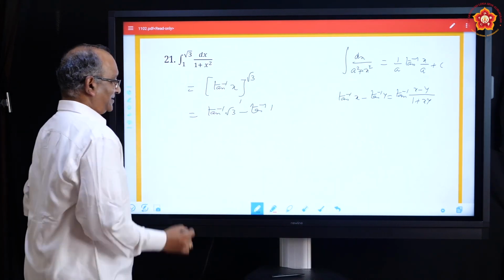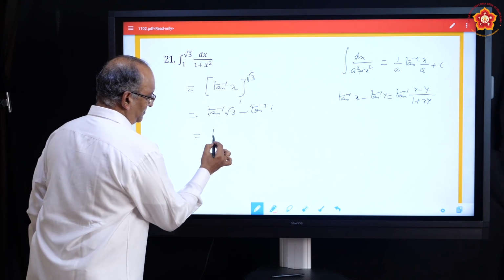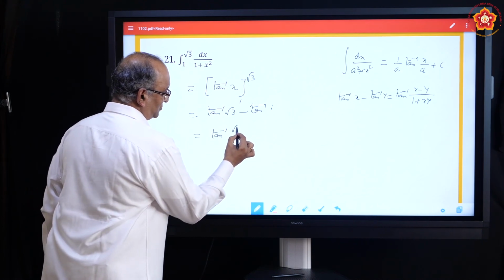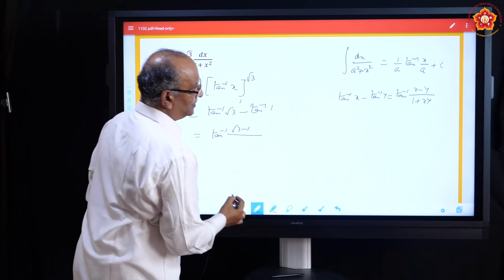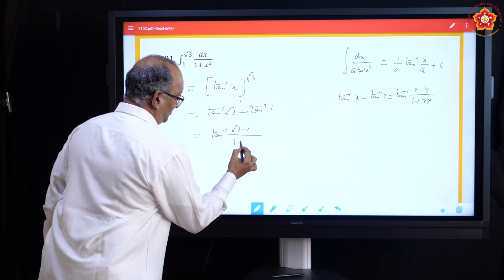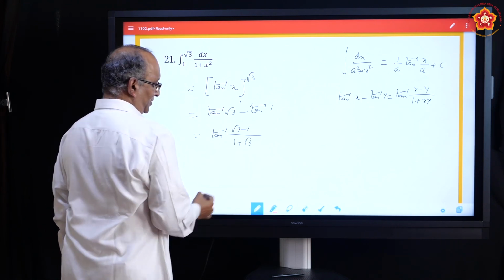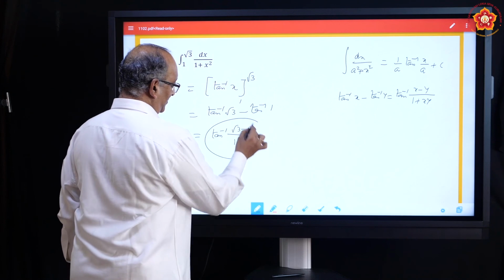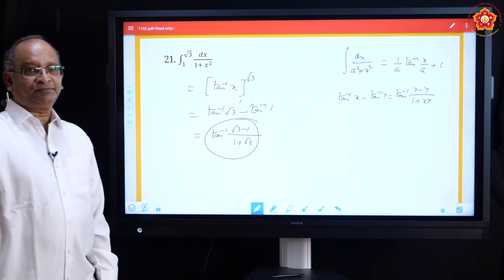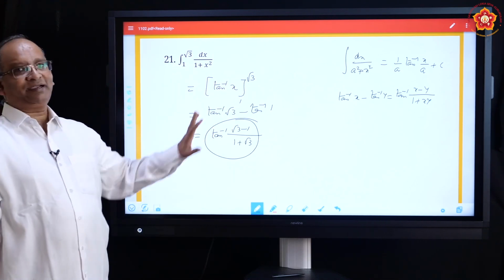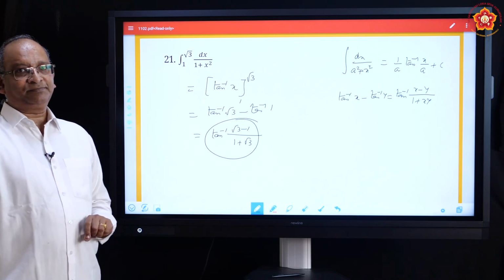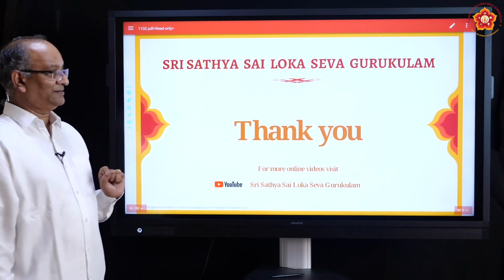You can use that. So what will it become? Tan inverse of root 3 minus 1 upon 1 plus root 3. This is the answer. Either you can write like this or you can write like this. Both are correct.